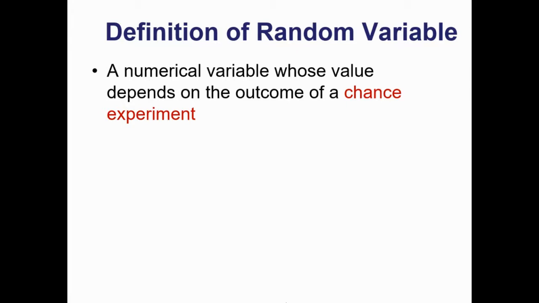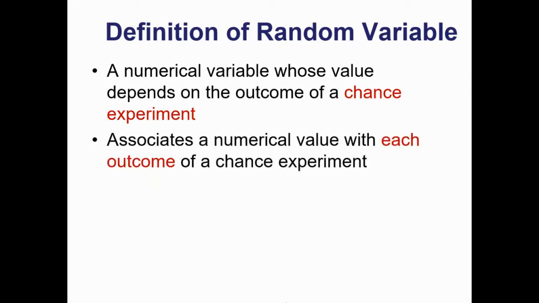A numerical variable, and it associates a numerical value with each outcome. This chance experiment could be something like me going around and asking you, how many dogs do you have? I don't know how many you have. I don't know if you're going to tell me 0 or 50. It's all chance as far as I'm concerned.